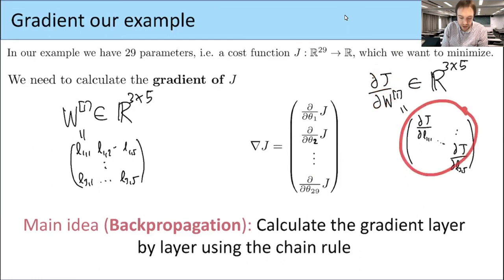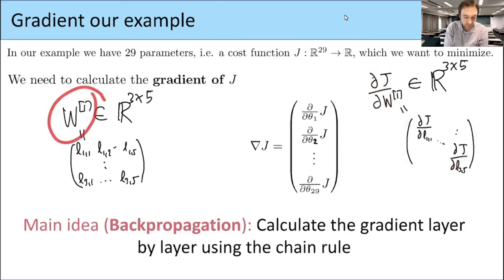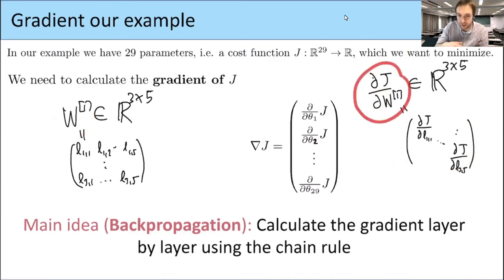This will be a matrix, and then we can update this matrix by subtracting this. But in the calculation of this matrix, we will save some numbers, which we can then use later to calculate the derivative with respect to other weights. This was the main idea of back propagation, which I want to recall now.